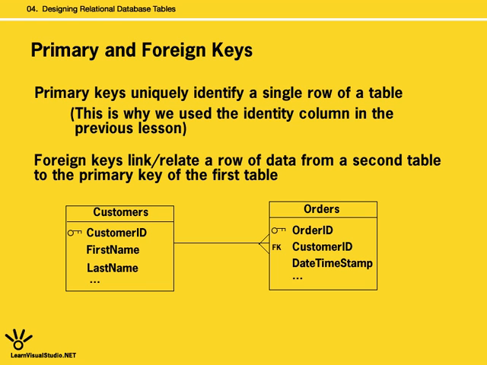So one last bit of information before we move on. When we sit down to actually develop the tables that we've designed on a napkin or on a sheet of paper or in our head using SQL Server Management Studio Express or a tool like Visual Web Developer, Express Edition, and use the visual tools for developing databases like we saw in the previous lessons, we will explicitly declare the customer ID columns and the order ID columns as primary keys.